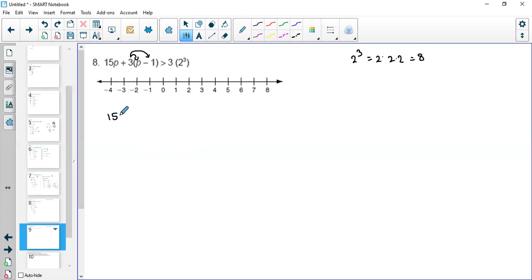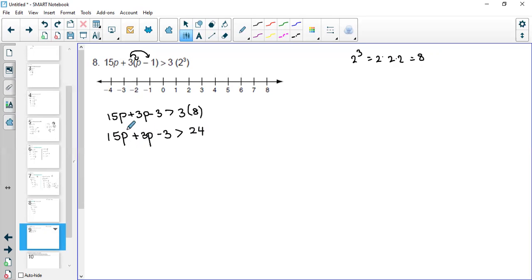So 15p plus 3p minus 3 is greater than 3 multiplied by 8. Okay, so the next step is, let's remove the parentheses first. So 15p plus 3p minus 3 is going to be greater than 24.